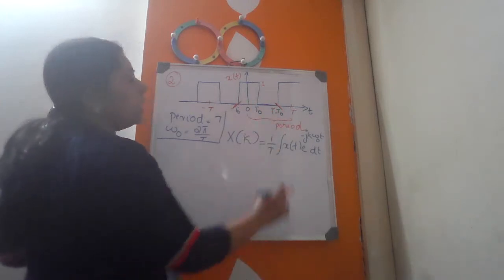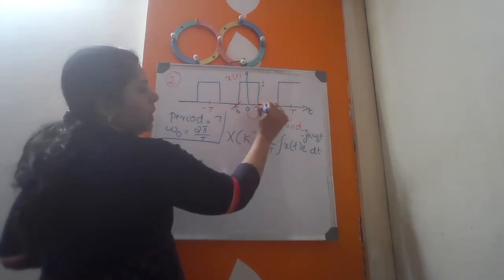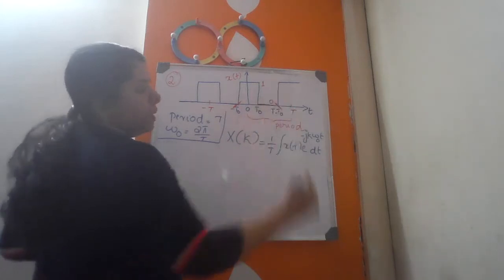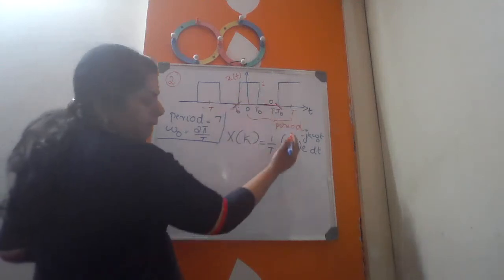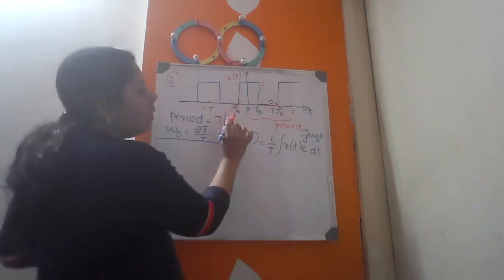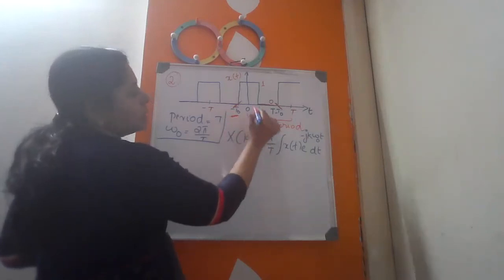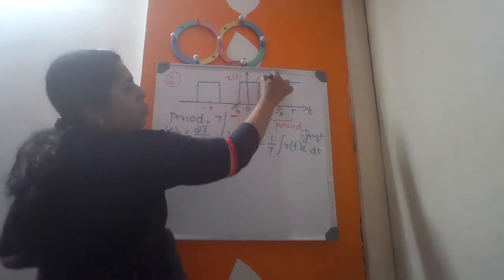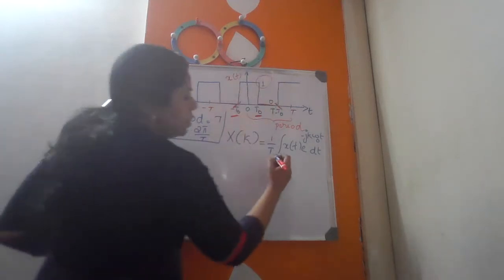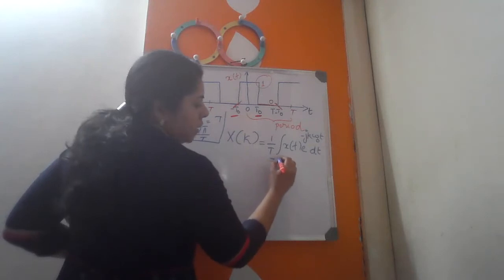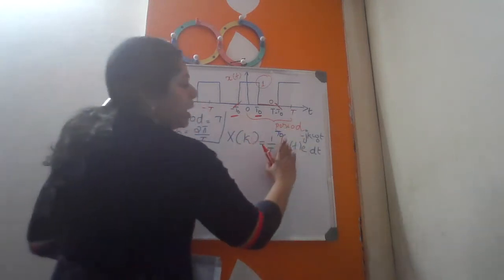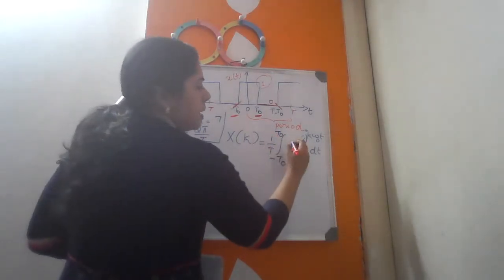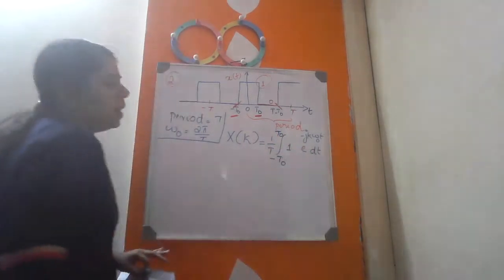But I don't want to consider t naught to T minus t naught because my amplitude is 0. So I can write the integration limit as only from minus t naught to plus t naught with amplitude 1. That is, the limit varies from minus t naught to plus t naught, x of t amplitude is 1. So this is what I'm getting.